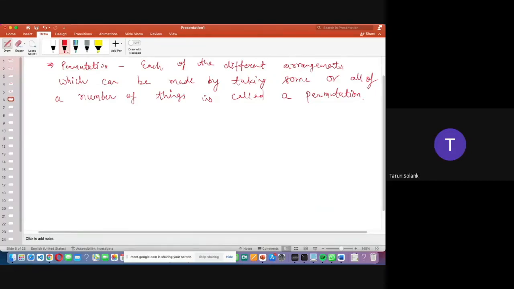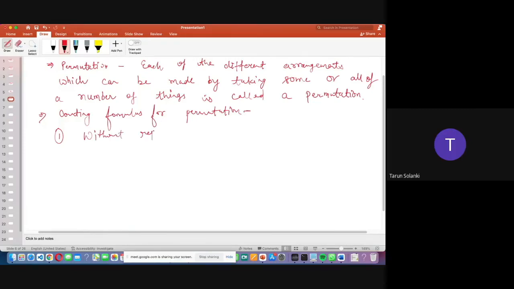Now, counting formulas for permutations. Okay, counting formulas. So first is without repetition.